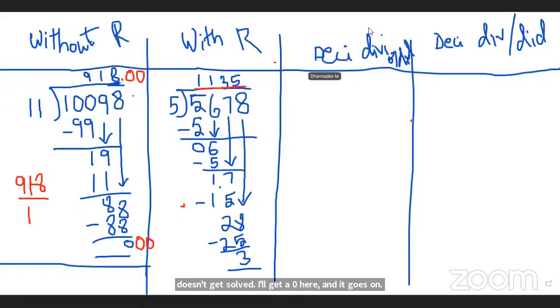A number without a remainder has decimal value 0.000, and it keeps going on. Now, if I have a remainder and I keep a dot over here, then I have to put a circle over here. Are you clear with that?